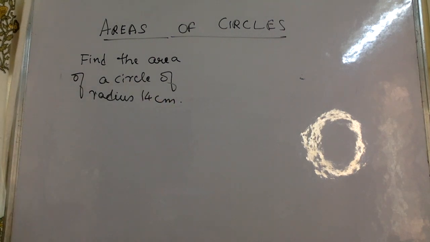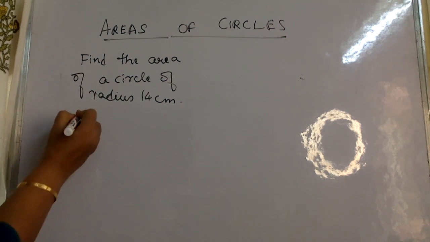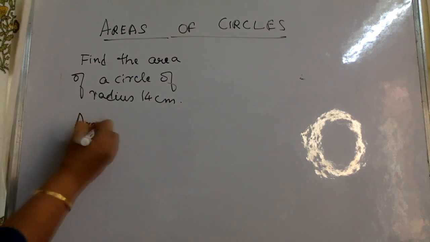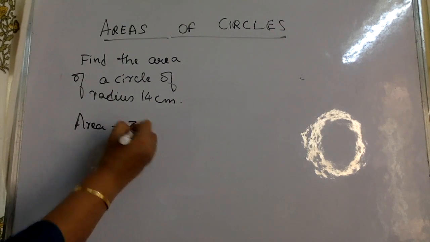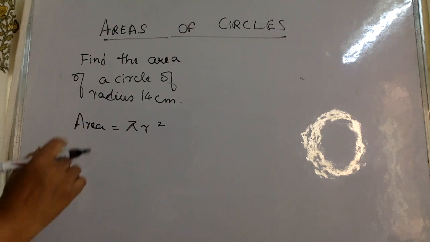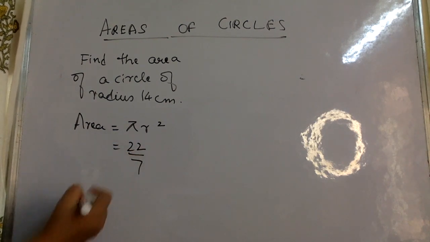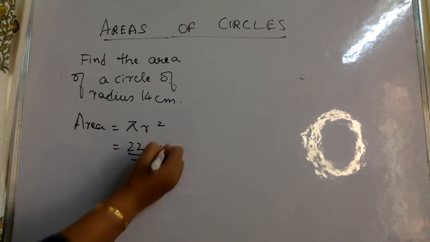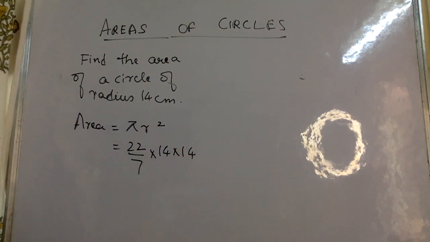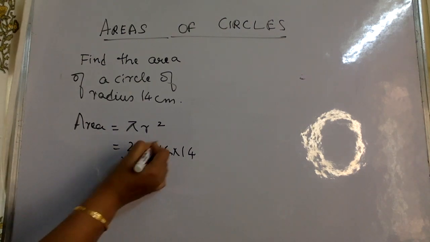Now this is the sum. Find the area of a circle of radius 14 centimeter. Now all we have to do is area is equal to pi r square. Remember, if the sum has not told you to use pi is equal to 3.142, then you should go for 22/7. Now radius is given as 14, so here you write a 14 and then a 14 again. What I suggest is you don't multiply this, to avoid a bigger calculation. First you cancel.